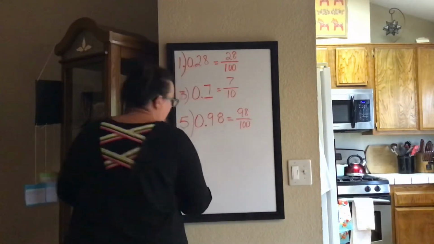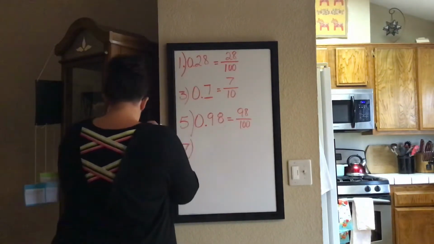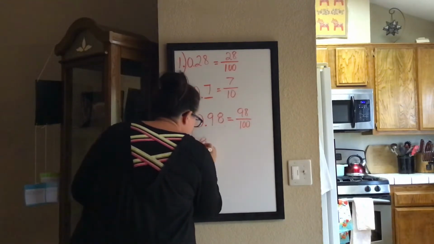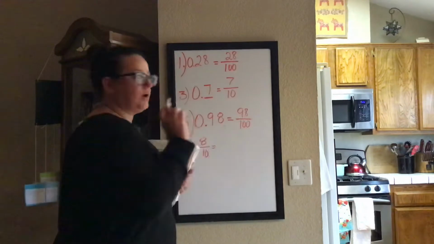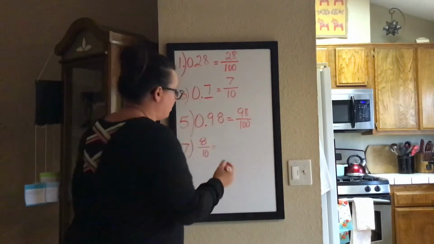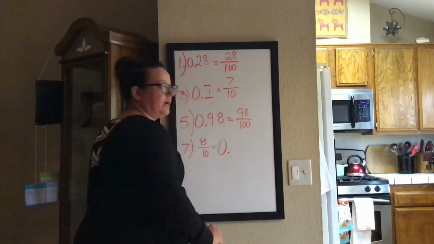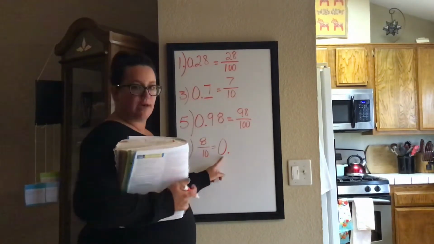So for number 7, the fraction form is 8/10. Well, this is why I like to write the line, because I always start off with 0. You have to put your 0 if you don't have a whole number, if you're talking about decimals, okay? You guys need to get in the habit of that, okay?